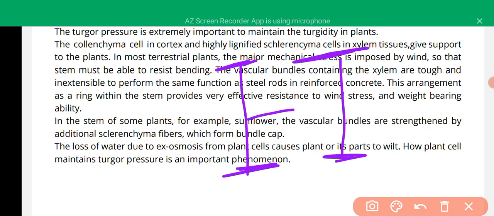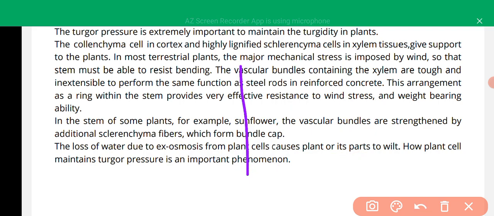Both have the same diameter and the same strength. It is like the rods that support concrete, so it is a very supportive material for plants.